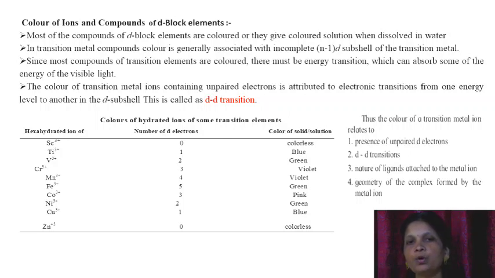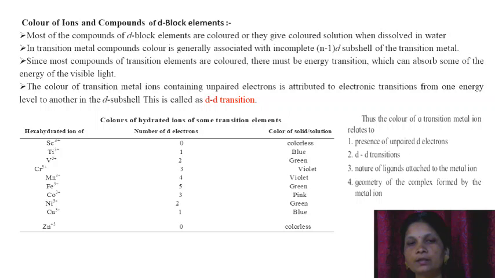Since most compounds of the transition elements are colored, there must be an energy transition which can absorb some of the energy of visible light. The color of a transition metal ion containing unpaired electrons is attributed to electronic transition from one energy level to another in the d subshell. This is called d-d transition.